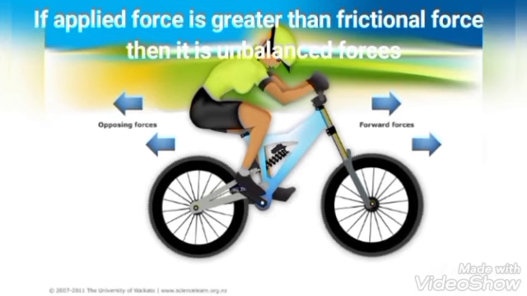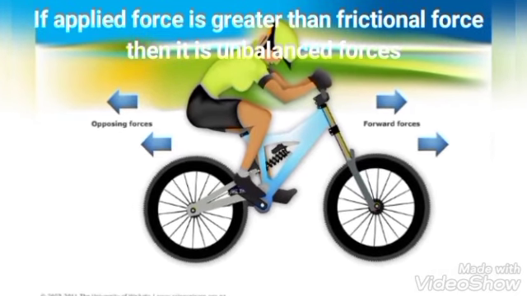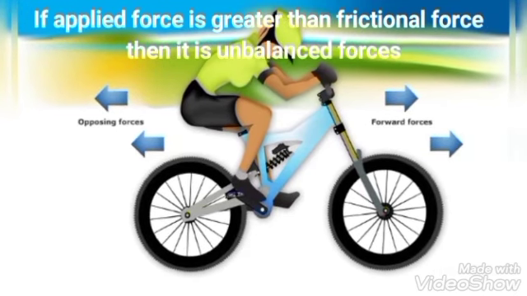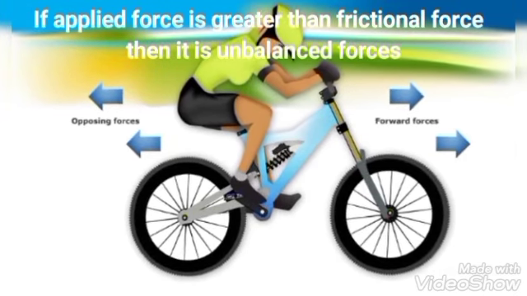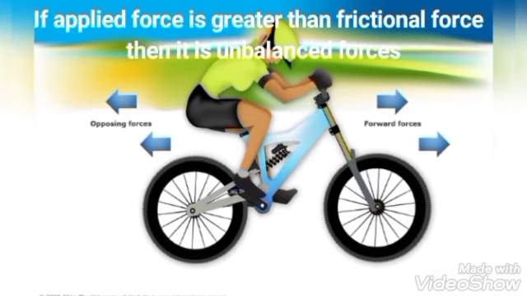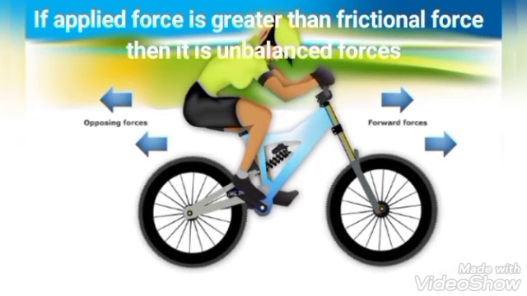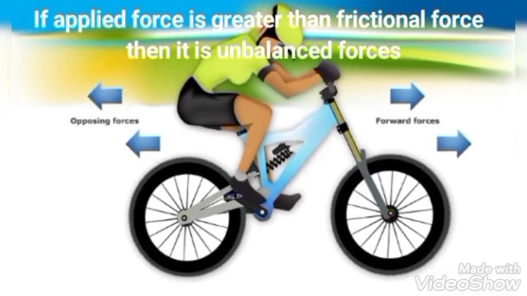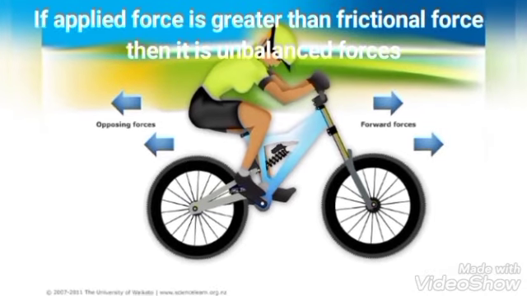When we stop pedaling the bicycle, what happens? It slows down. Isn't it? The bicycle slows down when we stop pedaling. Because what is the reason? Because the applied force on the pedal becomes zero.